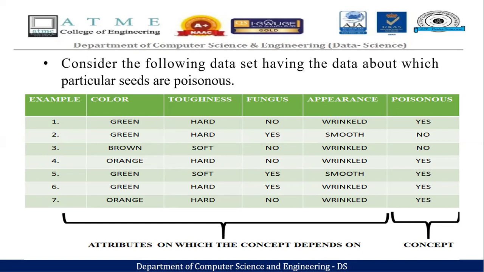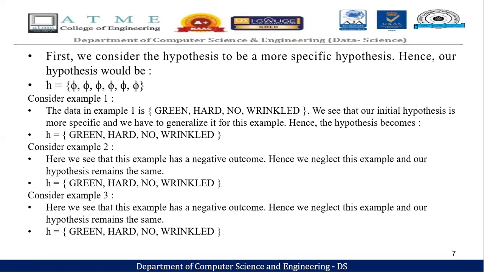And coming to the steps. So what are the steps? As I told you, first of all, the first hypothesis we should consider is the null hypothesis. The null hypothesis is nothing but the most specific hypothesis. Then we should consider the first example.